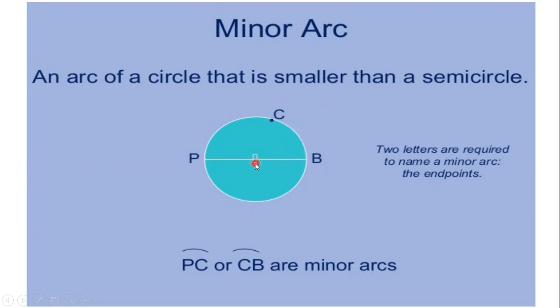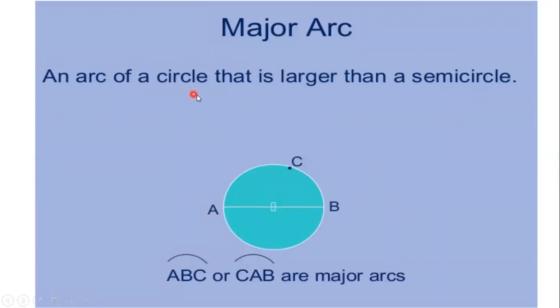So if the arc is small, for example, BC is smaller than CP, so PC here would be a minor arc because it is a smaller arc. Then if we consider this bigger part here, running from here up to this side, this would be the major arc. The major arc is always larger than the semicircle.